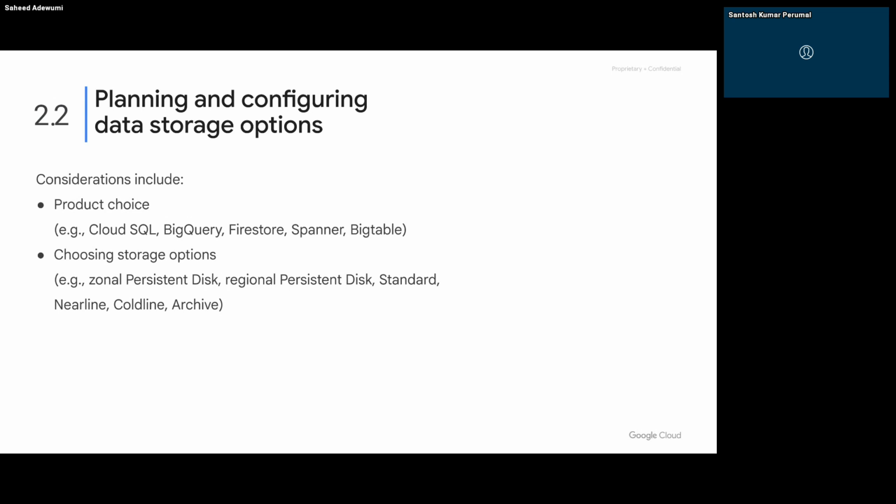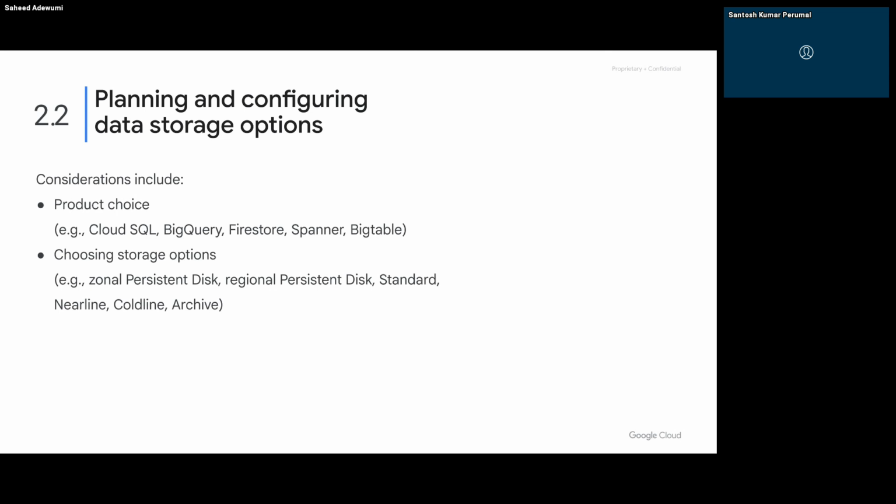So we are focusing on the data storage options, whereby we have different products available for storage. We have Cloud SQL, BigQuery, Firestore, Spanner, and Bigtable. And if you are choosing your storage, we have the zonal, regional, multi-regional, and standard, nearline, coldline and archive storage types. So I will be diving in to give more explanation.